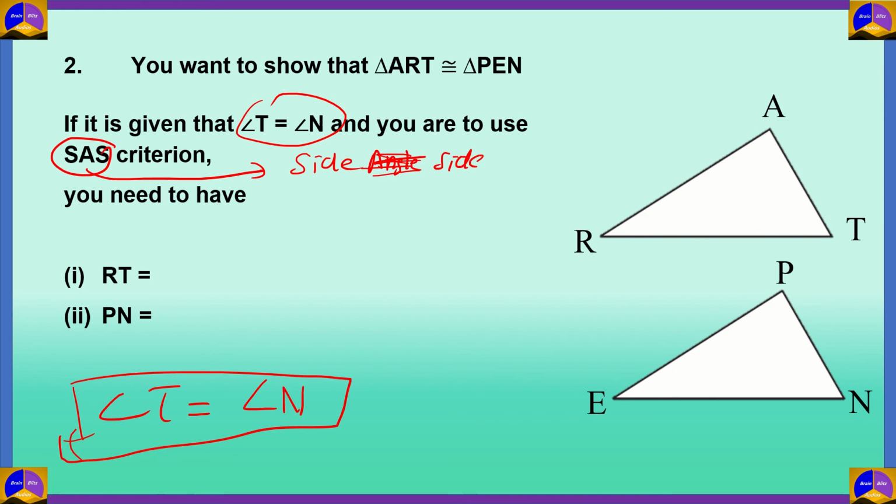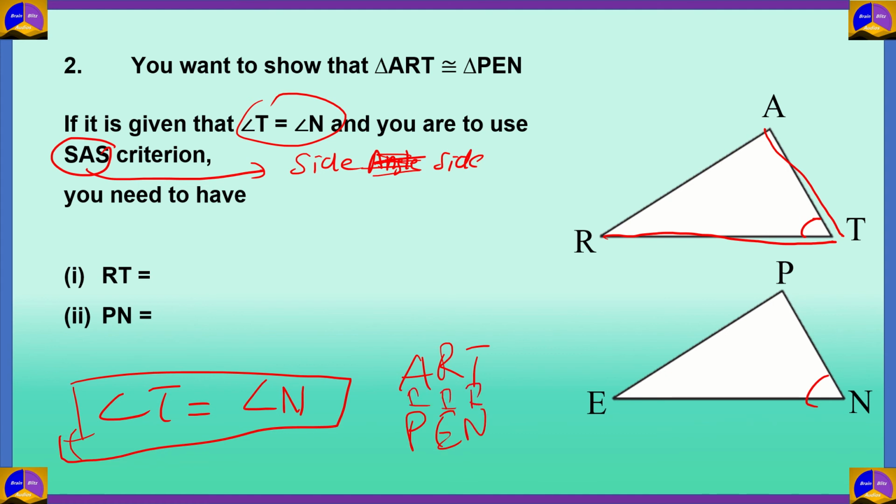First one is RT. Now first let's mark the angles given, angle T and angle N. And then we have RT. Now for RT, we write the two triangles on top of each other.